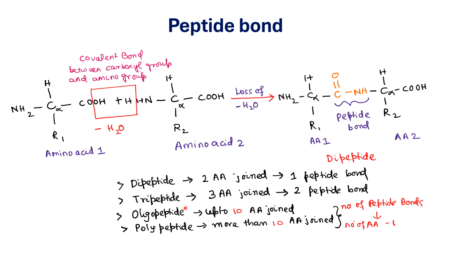Okay. Now there is something called an oligopeptide, which has up to some 10 amino acids, or sometimes 11 amino acids, joined together. If more amino acids than that are joined together, we call it a polypeptide. Is that clear?